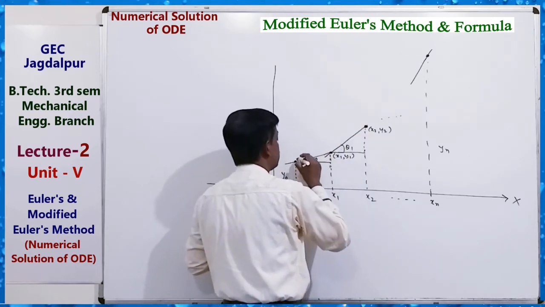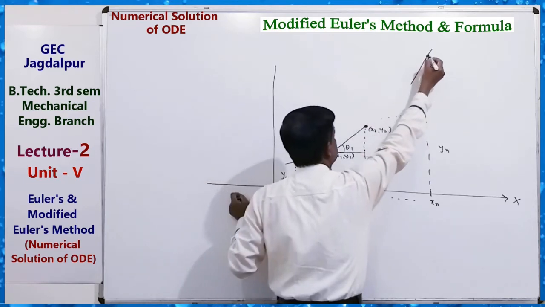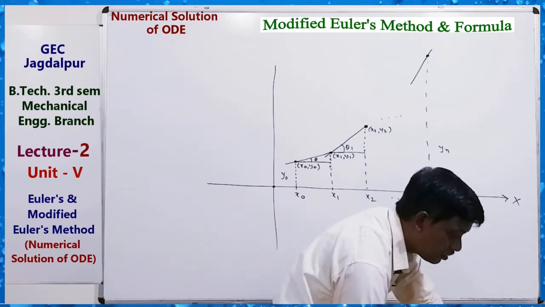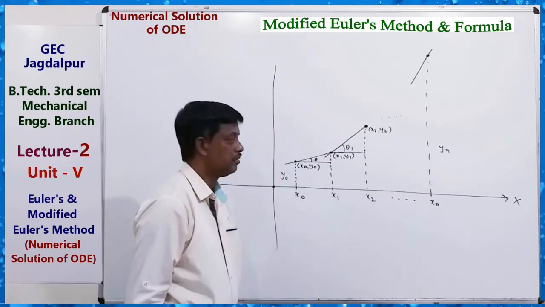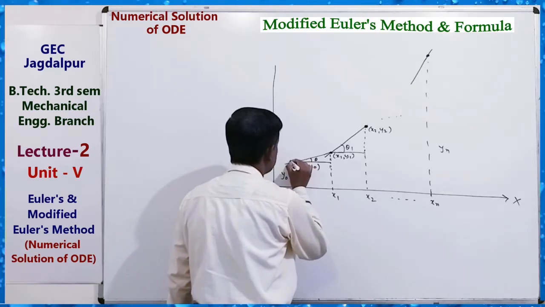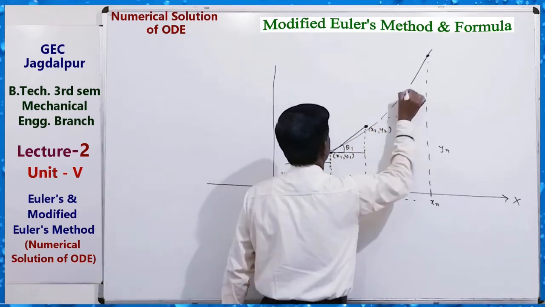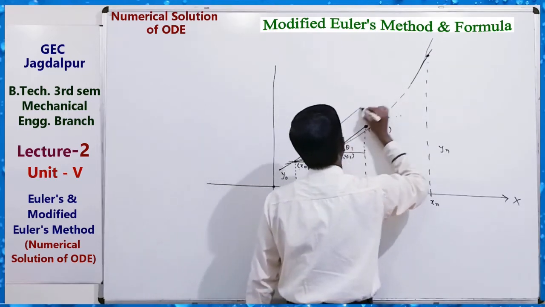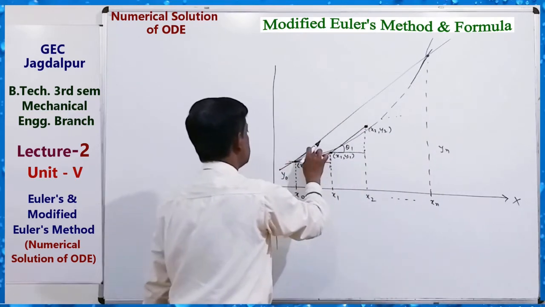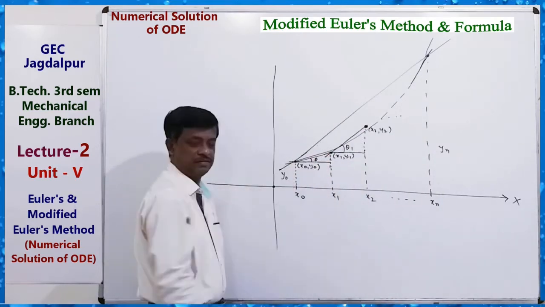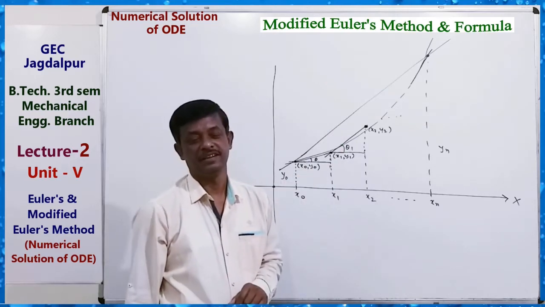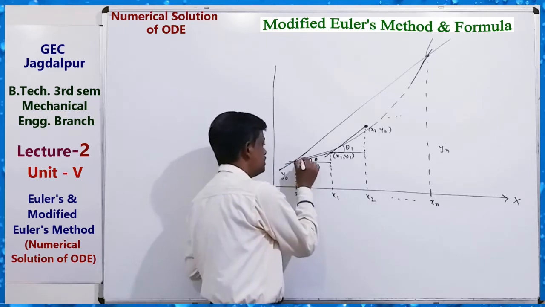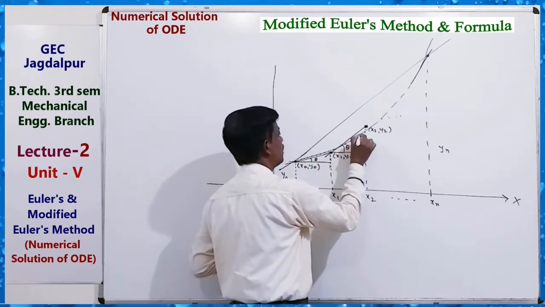Our main point is that the curve is just like this, so we can finally get this type of tangent. This tangent can be found by taking the average slope. This is our actual curve.